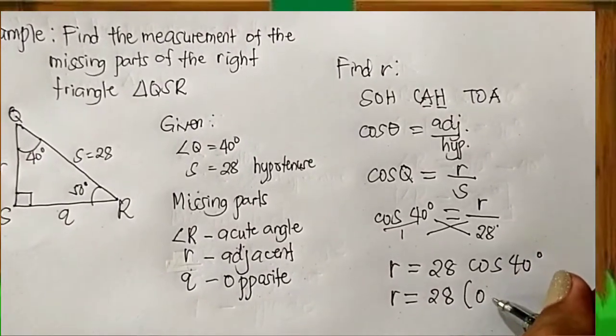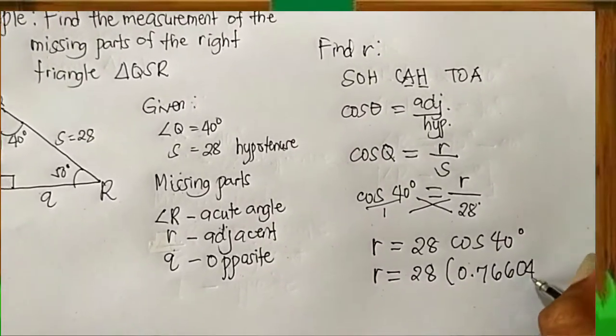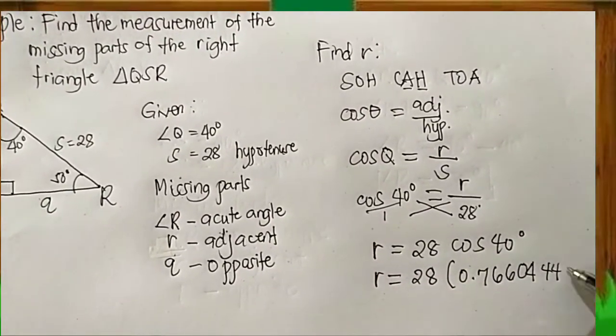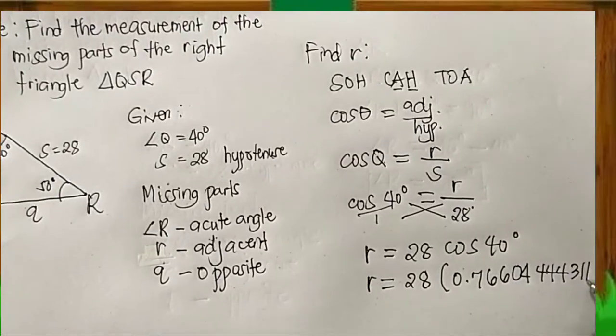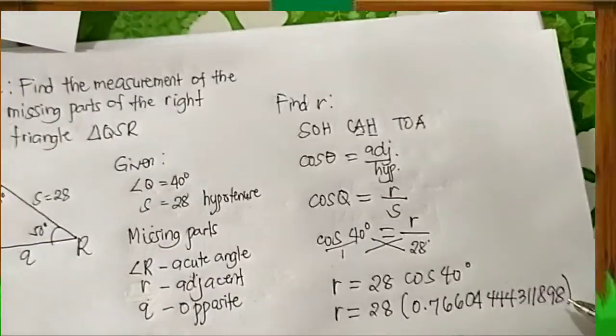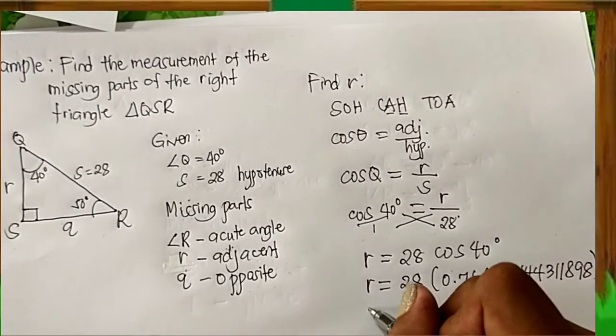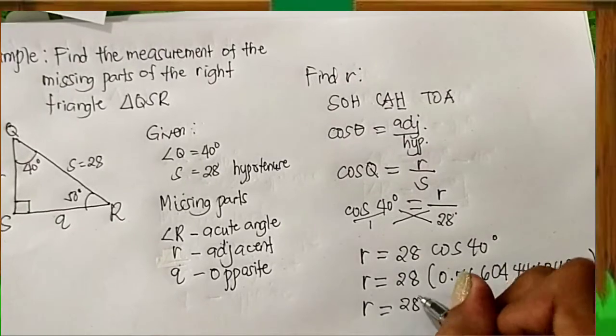The result is 0.76604444311898. So R is equal to 28 times that.